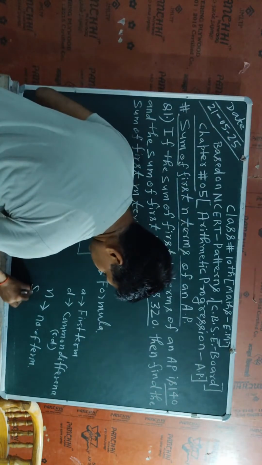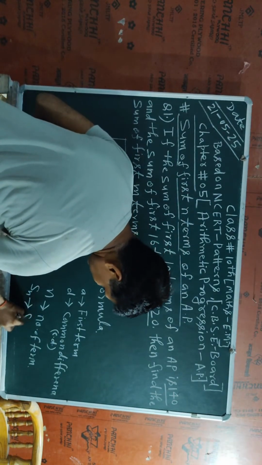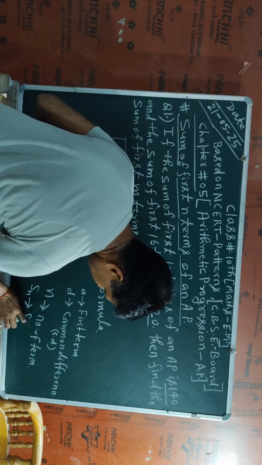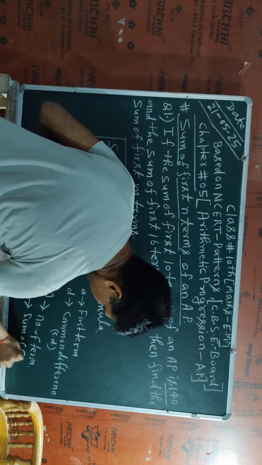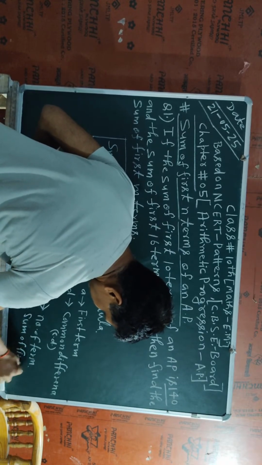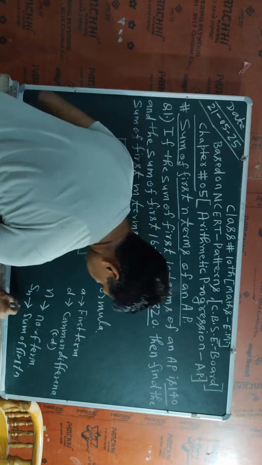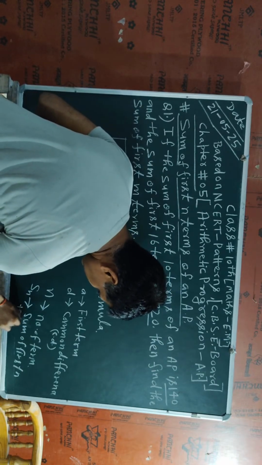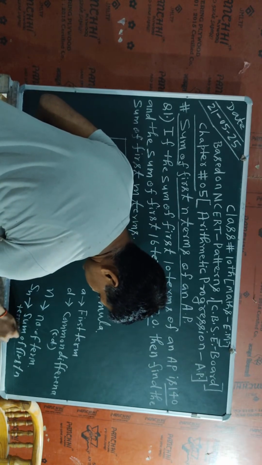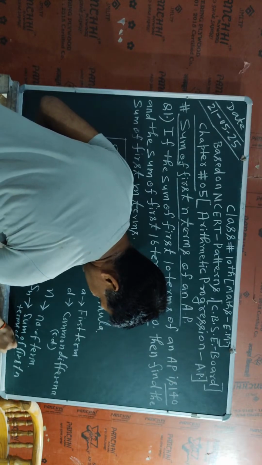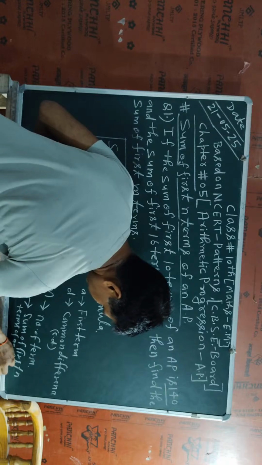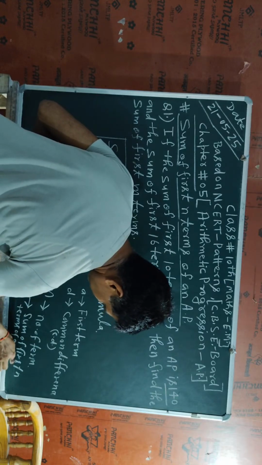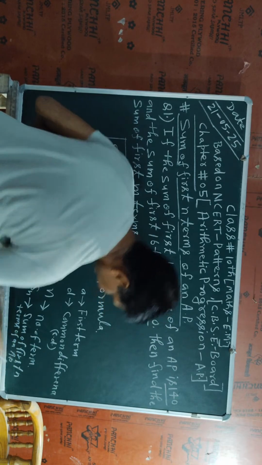In other words, we can say that Sn is written as the sum of first n terms of an arithmetic progression. Okay, students, each and every student has to remember this formula.